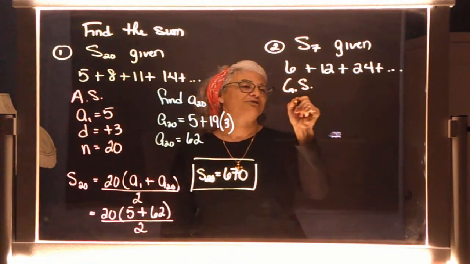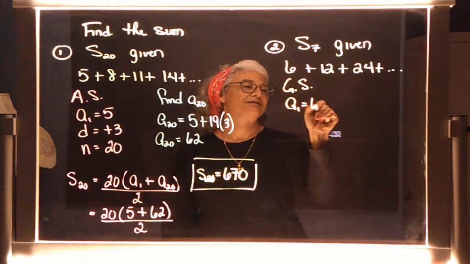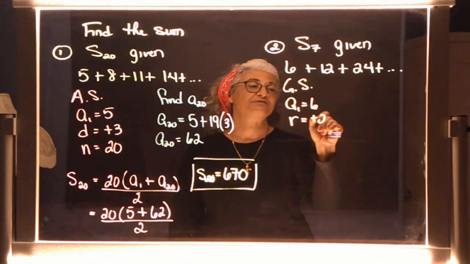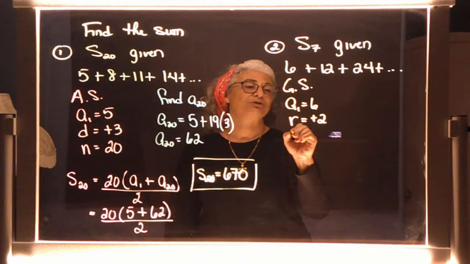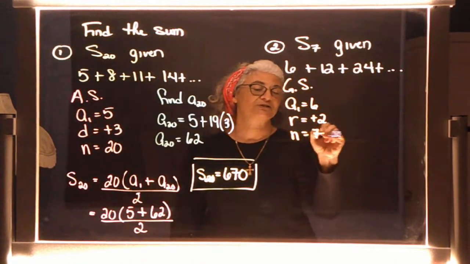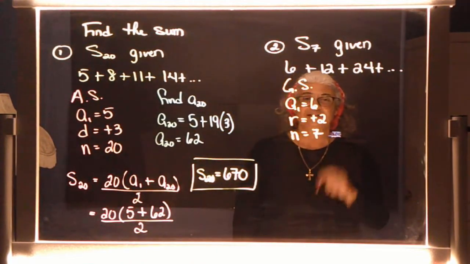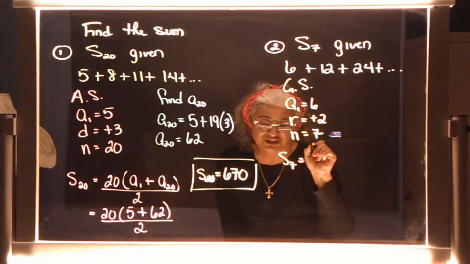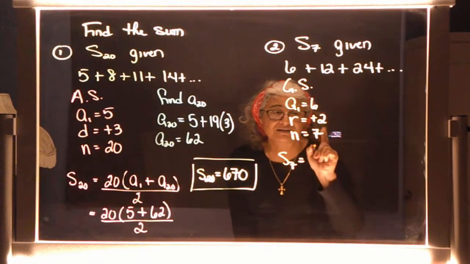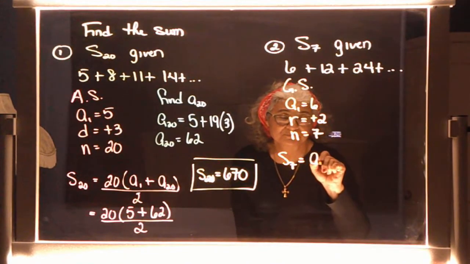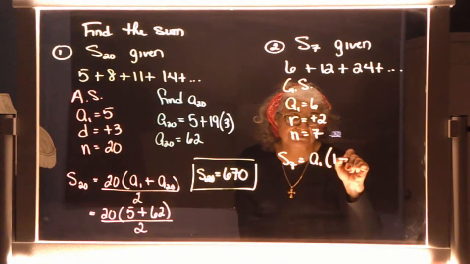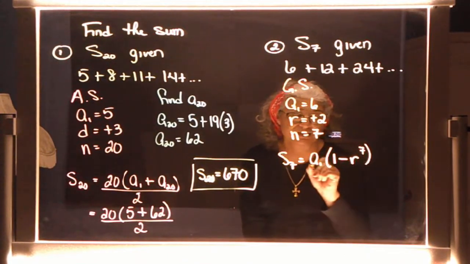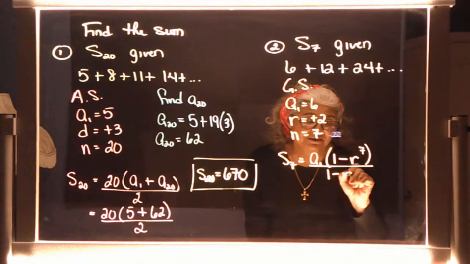And this geometric sequence has the first term being 6, and it has the common ratio of being a positive 2, and I'm looking for the first 7 terms, right? Okay, so S sub 7 of a geometric sequence looks like the first term times 1 minus r to the power of n, which is 7, right? All over 1 minus r.